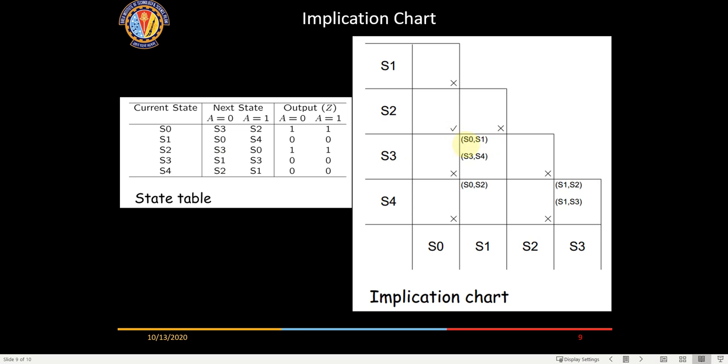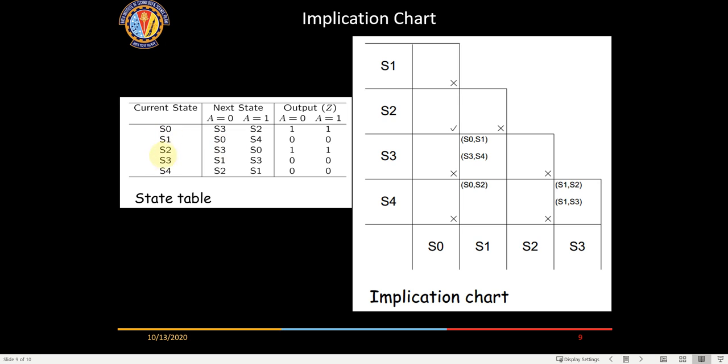This means if at all S0 and S1 become equivalent, then I can merge these two. So it is conditional. As of now it is a conditional possibility of getting these two merged. So I am putting S0 and S1 here. If this condition is somehow met, then I can merge S1 and S3 because the outputs are matching perfectly.